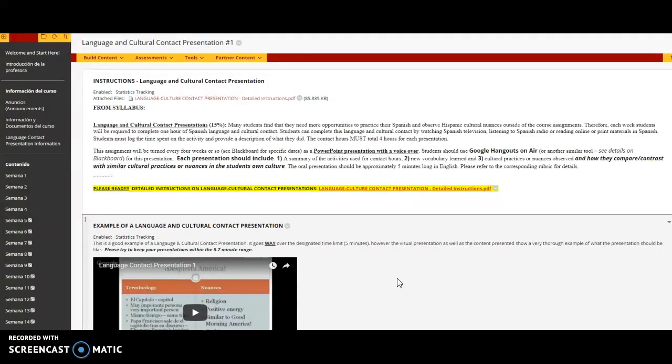New vocabulary learned. Now, it is not necessary to tell us all the new vocabulary, but what is the most pertinent or most important vocabulary for you that you learned? But the most important part is cultural practices or nuances that you observed.